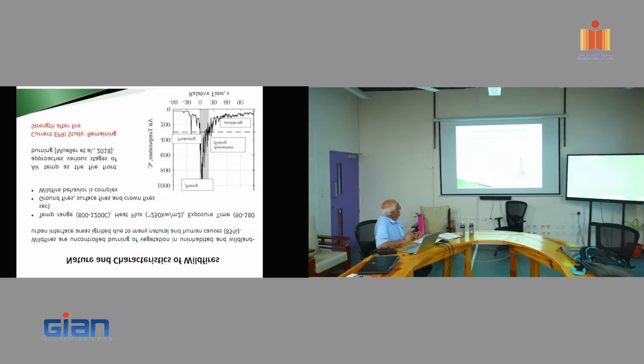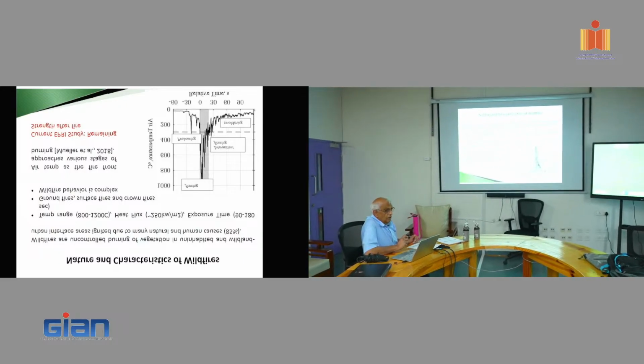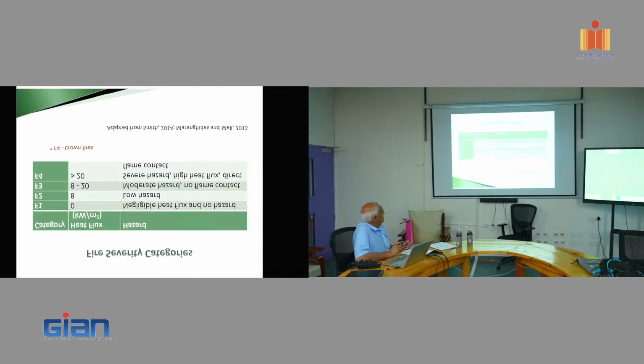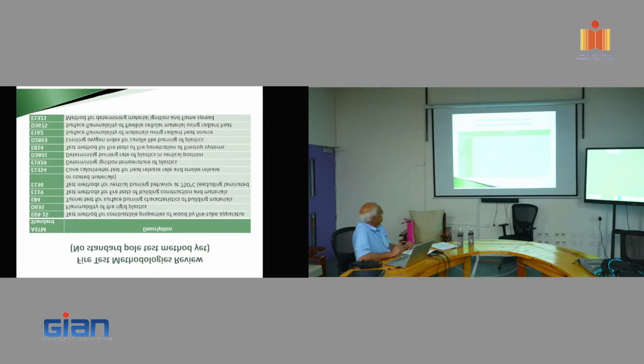The temperature ranges they're finding from their field measurements are given to you there. Anyway, these are fire severity categories. I won't go there. Here are a variety of test procedures that ASTM suggests.